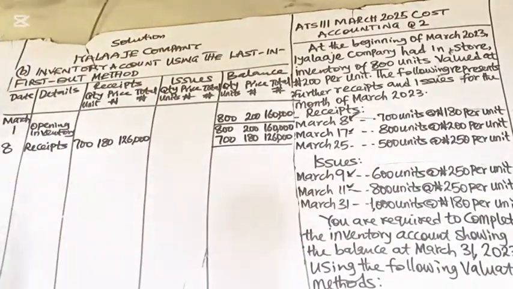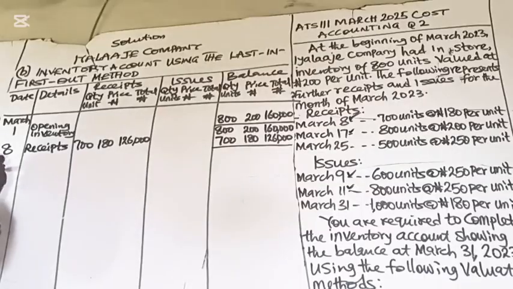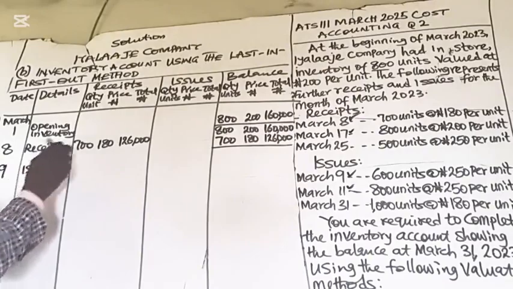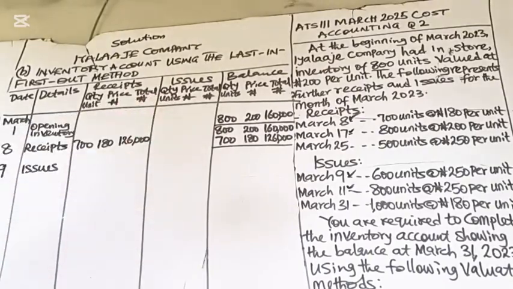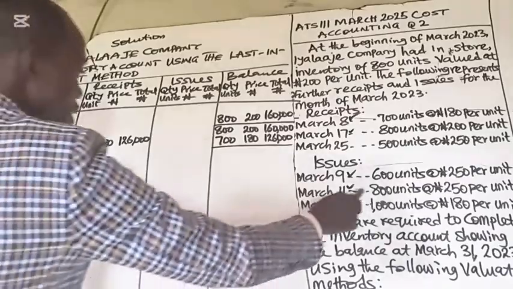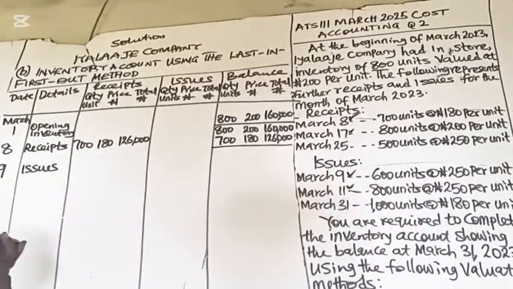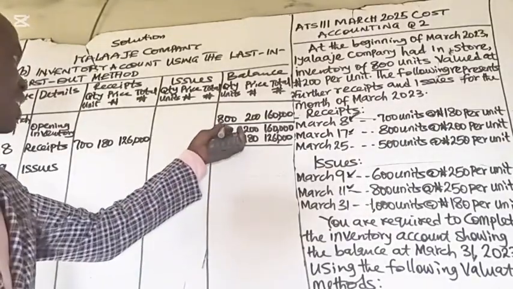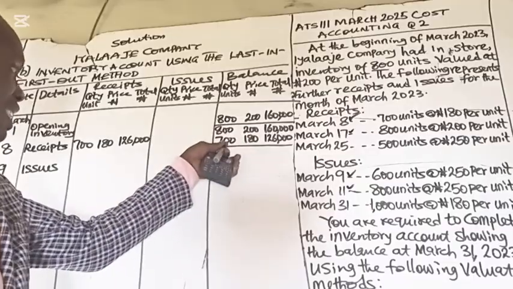So now on the 9th of March, you have issues. Issues should be recorded under the issue column. You want to issue 600. Remember, you are using last in, first out.